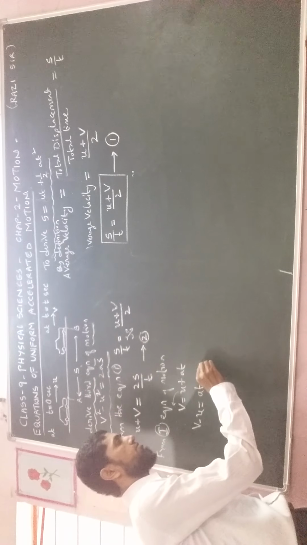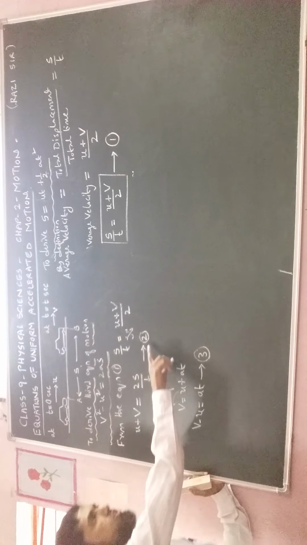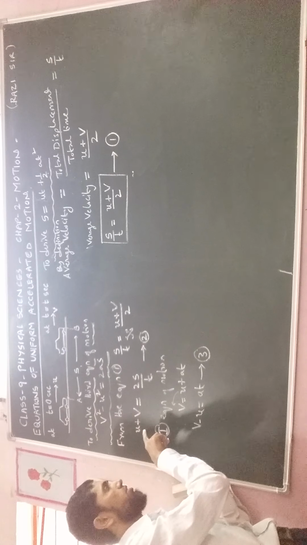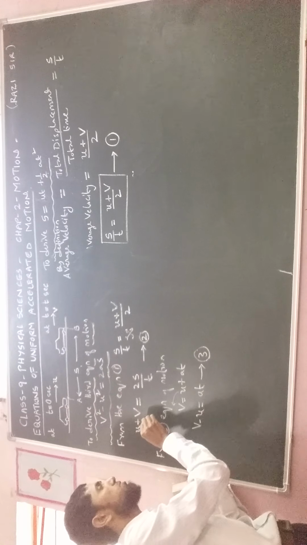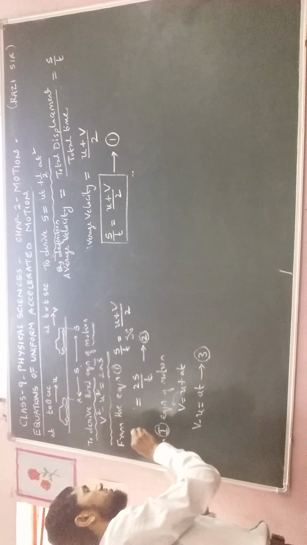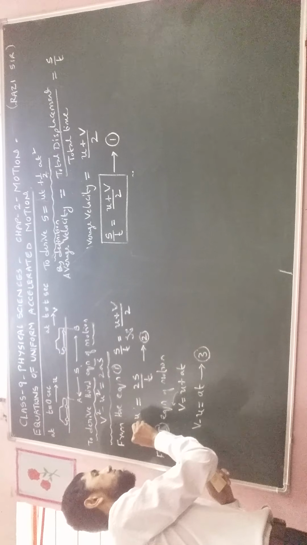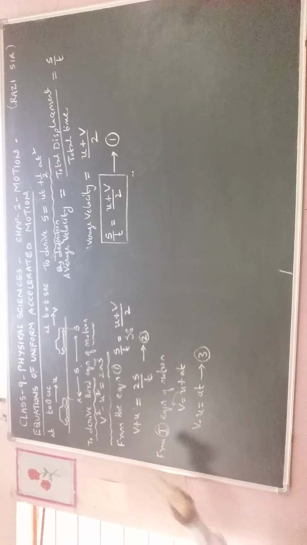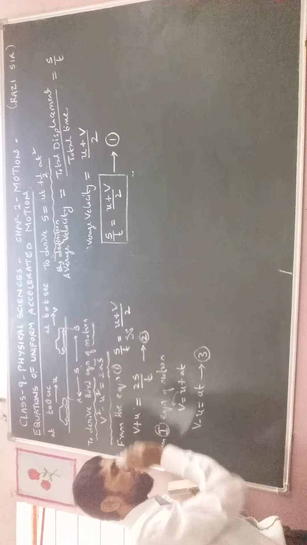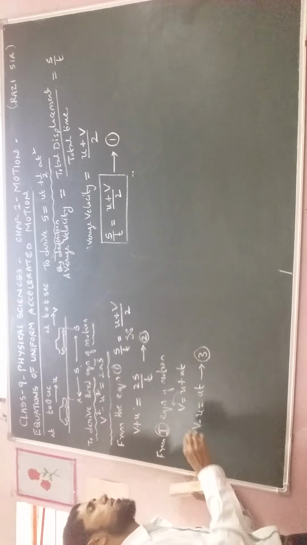This we take as our equation number 3. In equation 2, we have u plus v, which we can also write as v plus u. Addition is commutative. So v plus u equal to 2s by t, and here we have v minus u equal to at.